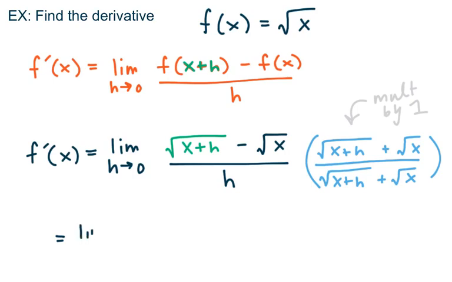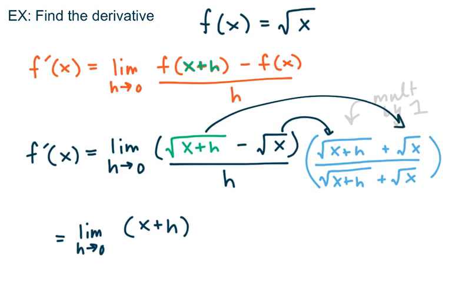So moving forward, this is the limit as h approaches 0, and we're FOILing all of this. So the square root of x plus h times the square root of x plus h, that's the square root of x plus h squared, or just x plus h. My inner and my outer terms, when I do those two multiplications, those are going to be opposite valued terms, so they're going to cancel.